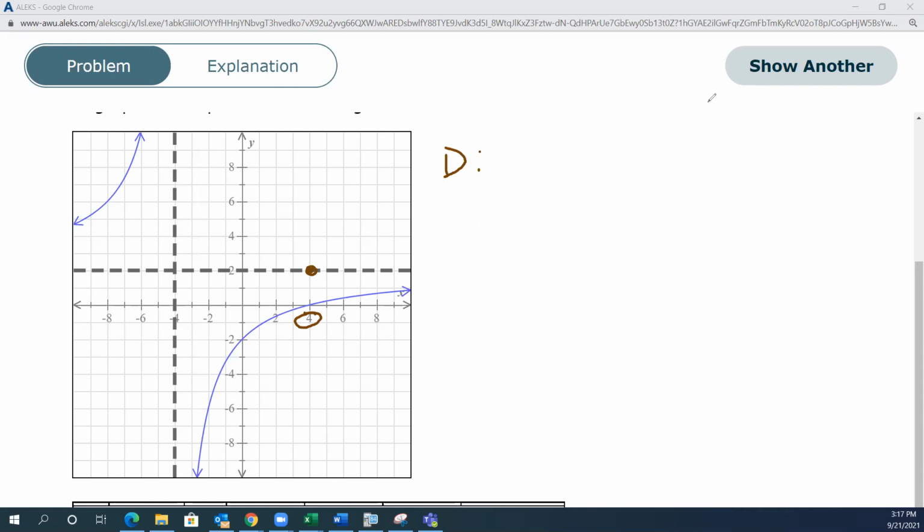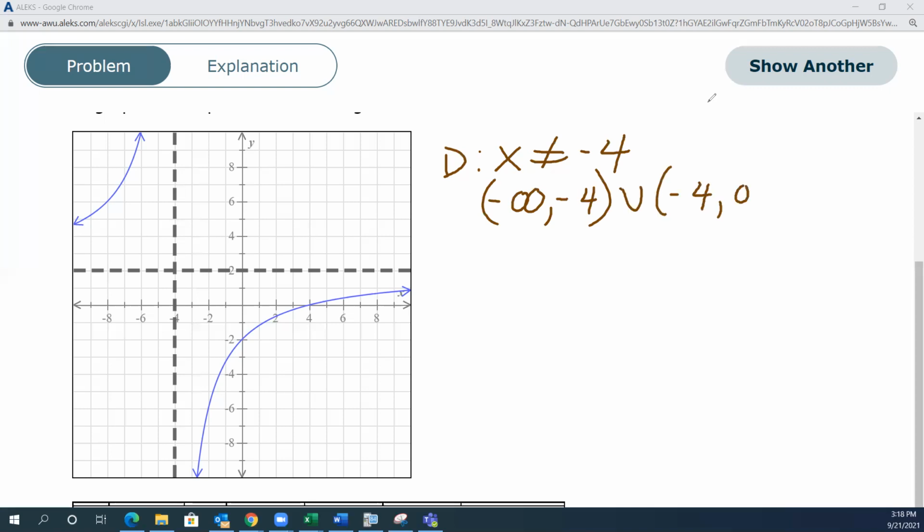There's a point right there on the graph corresponding to it. If you pick x equals -2, look, there's the point corresponding to it. If you pick x equals -8, there's the point corresponding to it. But if you pick x equals -4, that doesn't work. So x cannot be -4. That is the domain, or you could write it in interval notation as -infinity to -4, union -4 to +infinity.